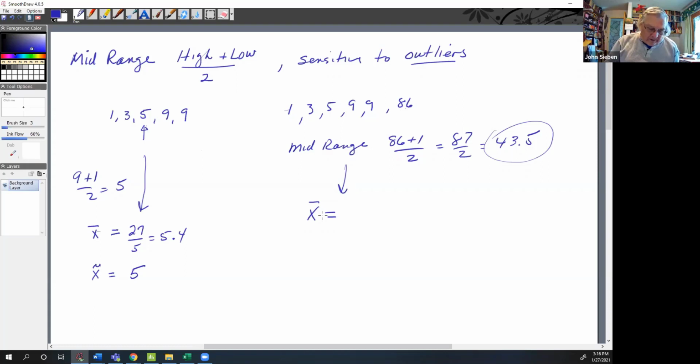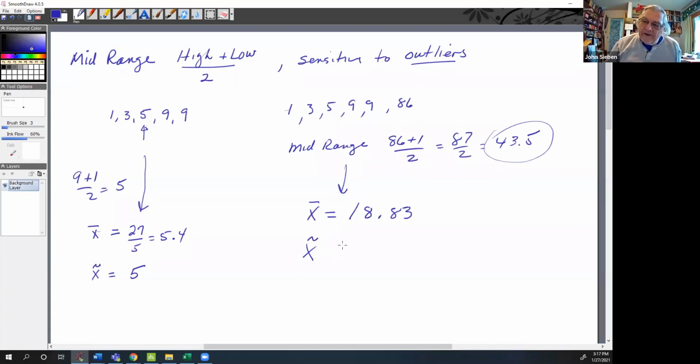X bar would be 27 plus 86, divided by 6, since there are 6 pieces of data, and that would be 18.83.